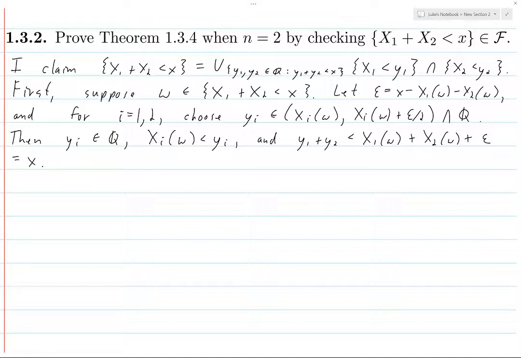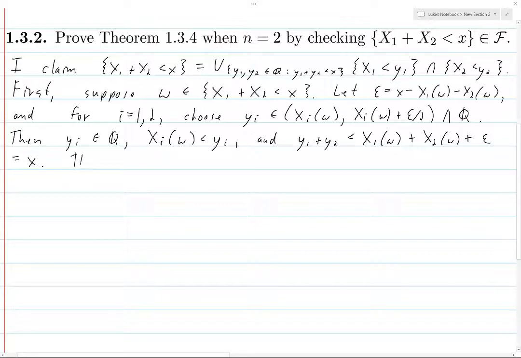So there exist rational numbers y1 and y2 such that y1 plus y2 is less than x, and omega satisfies x1 of omega less than y1 and x2 of omega less than y2.